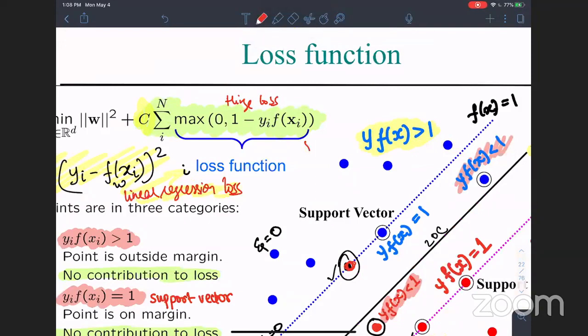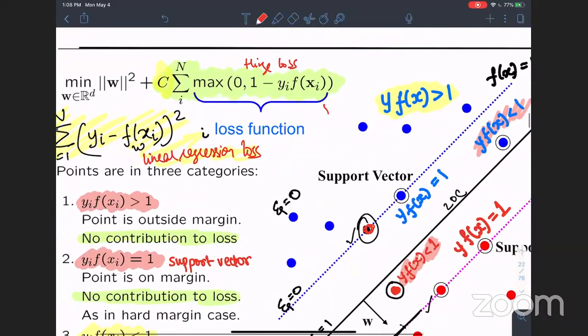Can we use some other loss than hinge loss? Well, for SVM, we stick to this because this is coming from the geometry of SVM. If you see the difference between all the classifiers: linear regression uses MSE.